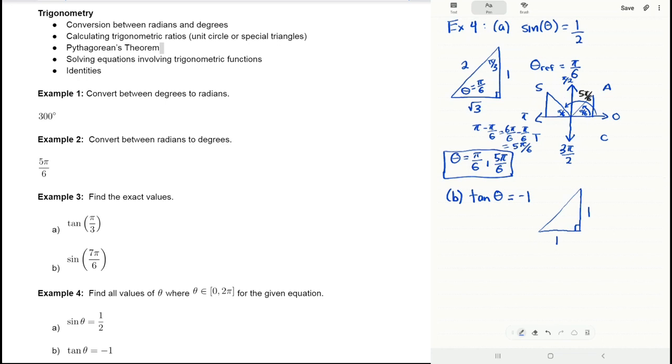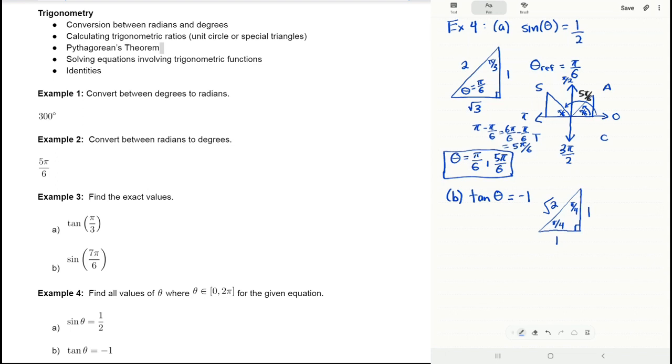Then we can solve for the hypotenuse by using Pythagorean's theorem. So using Pythagorean's theorem, the hypotenuse is going to be root 2. And this is an isosceles triangle. So both of the angles are going to be equal, which is 45 degrees or pi over 4. So now since we want the tangent of theta to be equal to 1, well, it's going to be equal to -1.